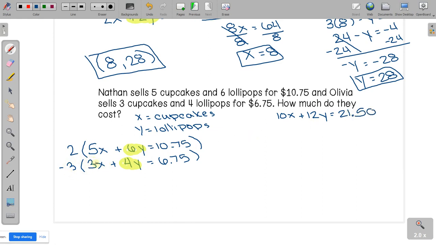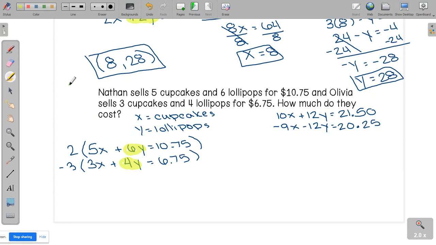Now let's multiply the bottom equation. Negative 3 times 3x is negative 9x. Negative 3 times 4y is negative 12y. And negative 3 times 6.75 is negative 20.25.